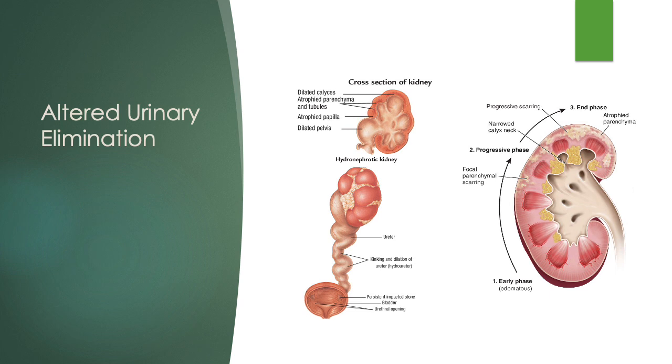So when we have altered urinary elimination, it's just multifocal here. You have different areas that are affected. Again, the risk of getting an infection is highly increased. The risk of you damaging your kidneys through scarring is highly increased as a result of obstructions or patency issues, perfusion issues, motility issues.